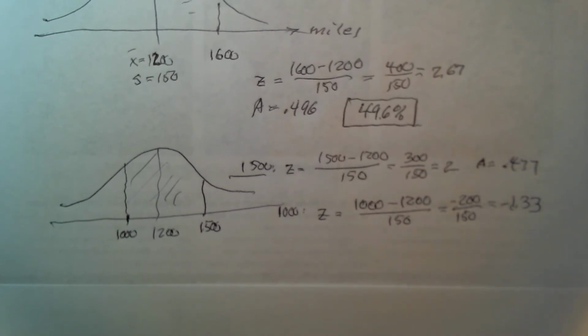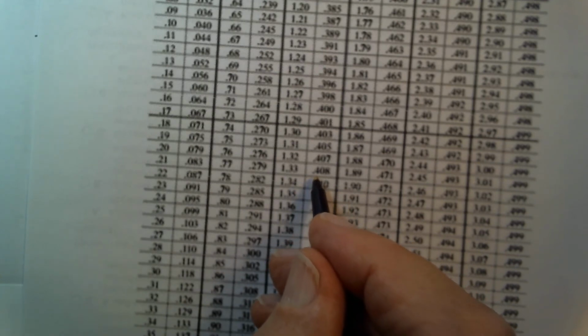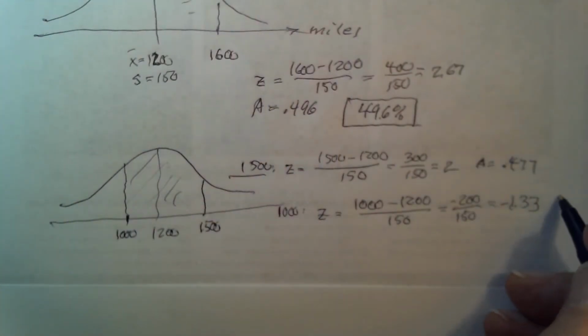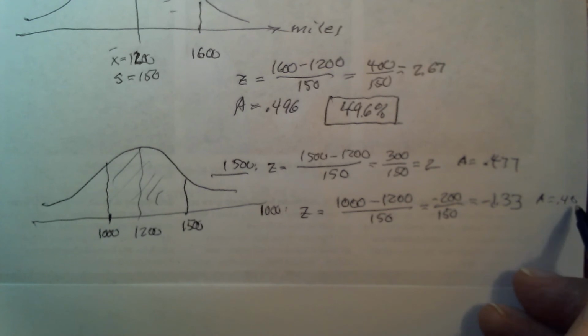Remember, it's symmetric about the mean, so we look for 1.33. And we find that the area corresponding to a z-score of 1.33 is 0.408. I'm running out of room here, so let me just rewrite this here.